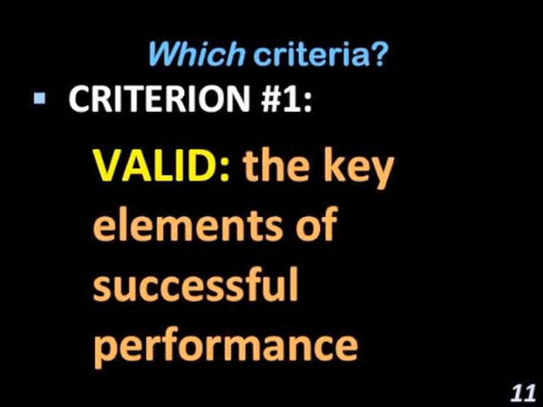We need to make sure that we're assessing against the key elements of genuinely successful performance. We need to know where to look to make sure that we're looking in the right place, not just the easy-to-look place.